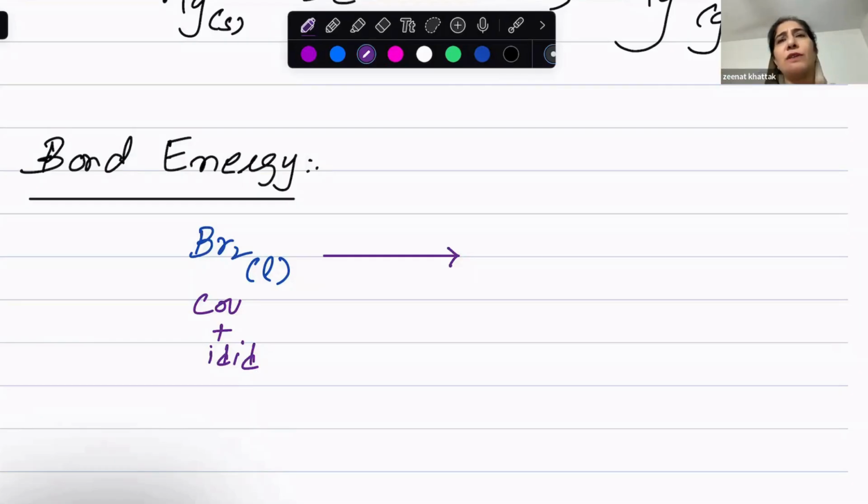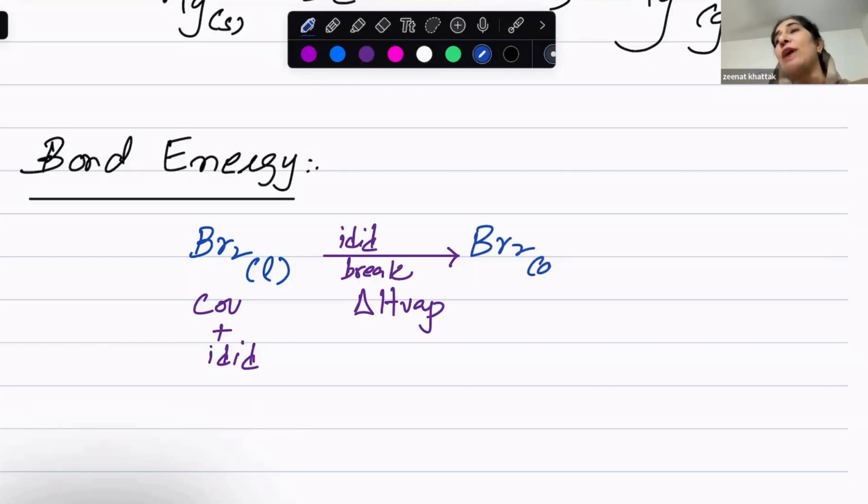Definitely IDID. So which one is going to break? IDID. When the IDID break, it is vaporization. The bromine will change from liquid to gas, and now only covalent is left.